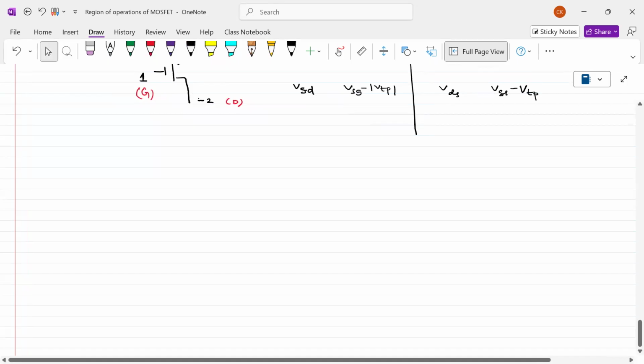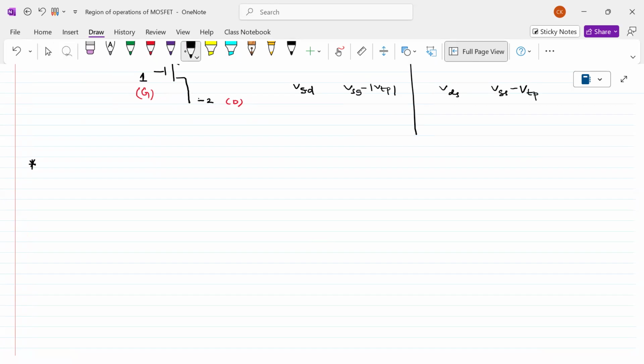Take one example. Find the ID for the given MOSFET, whose VTN is 0.5 and mu n Cox is 200 microamps per volt square.